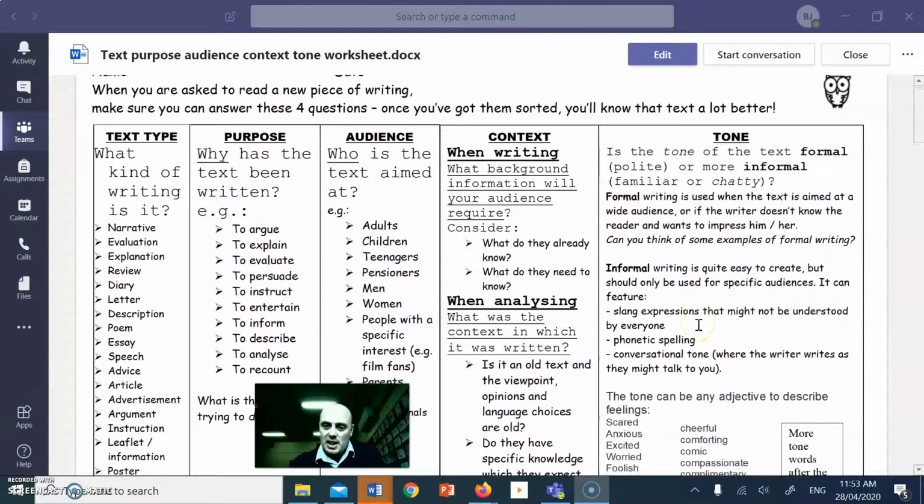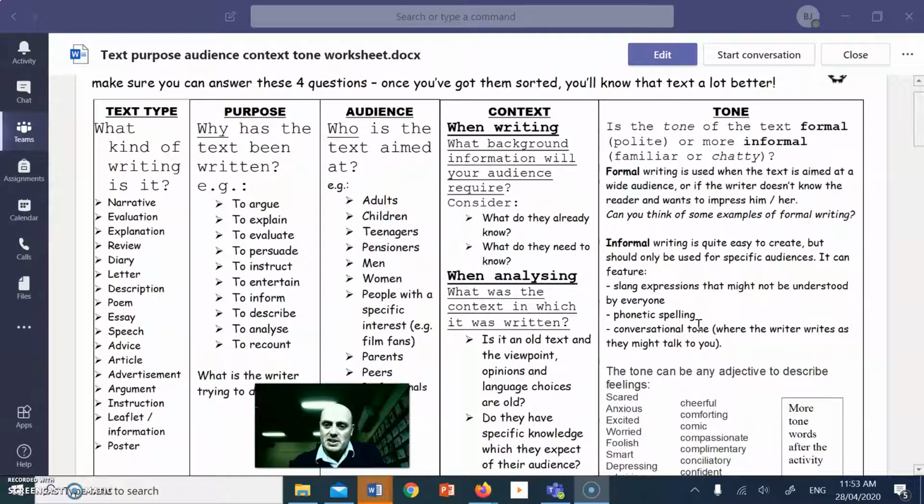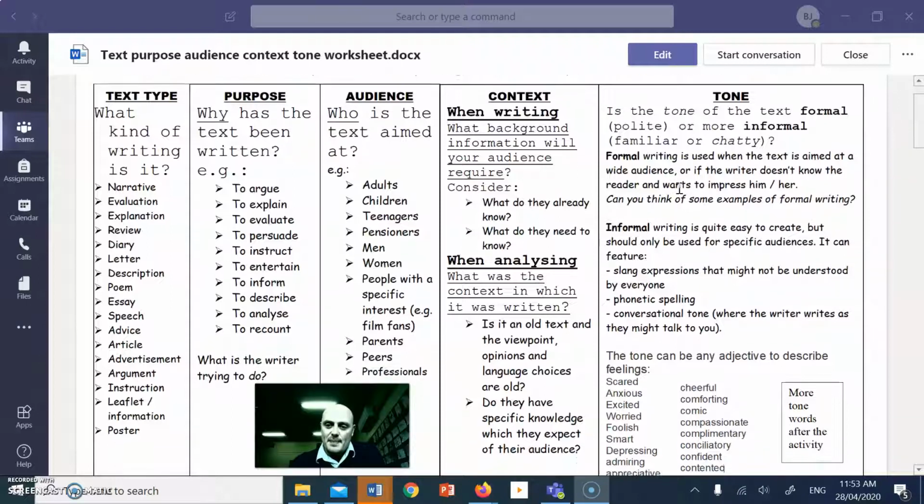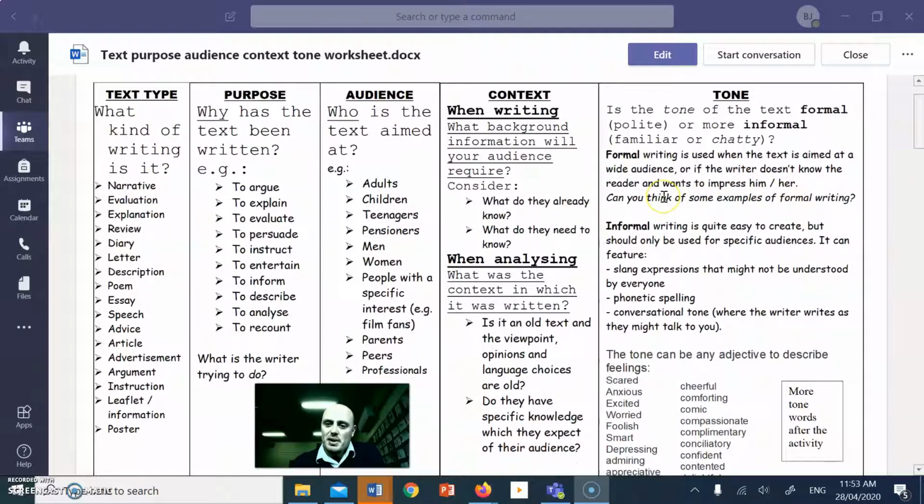And tone, okay, tone. Is it formal? Is it polite? So formal writing is used when the text is aimed at a wide audience or maybe even a sophisticated audience. Okay, and you might want to impress someone. Can you think of any examples of formal writing? Informal writing is quite easy to do, but it can only be used for certain types of writing or certain types of audiences.